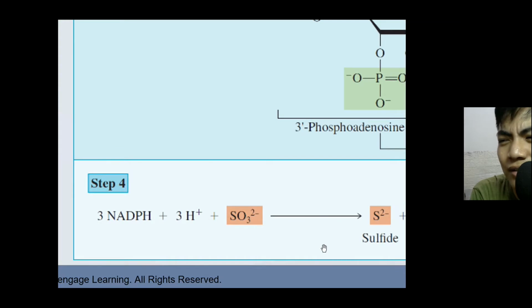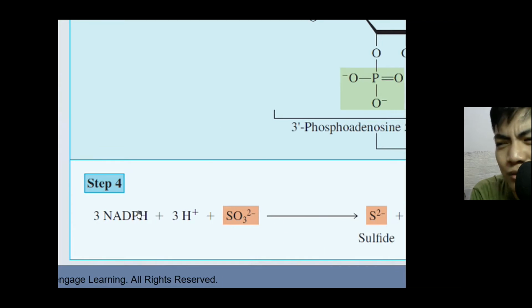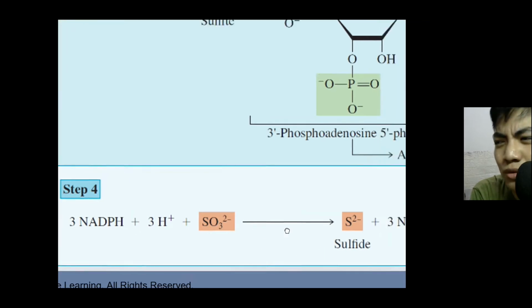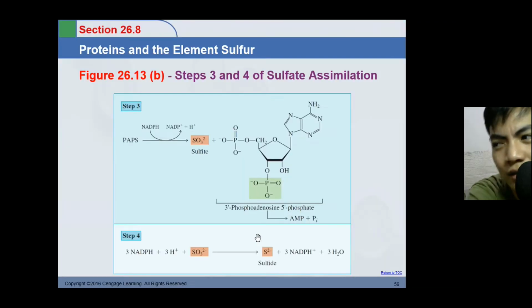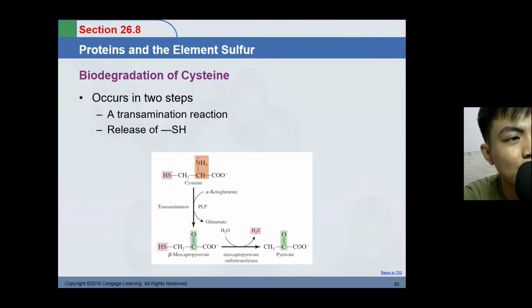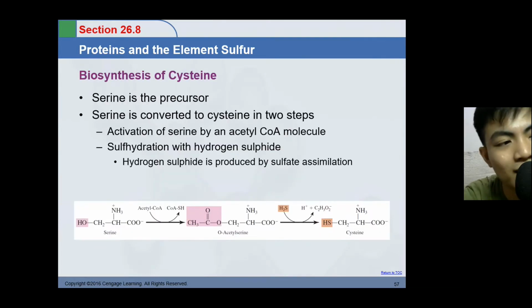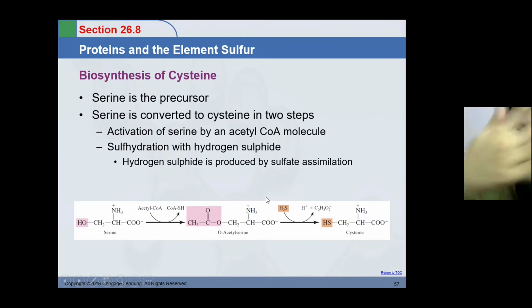And your sulfite ion can be further reduced by NADPH to produce sulfide. Once you produce sulfide, it can become H2S, and H2S can be used in the formation of your cysteine, okay?